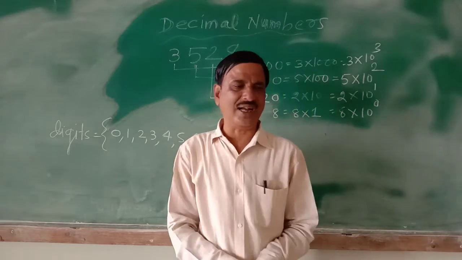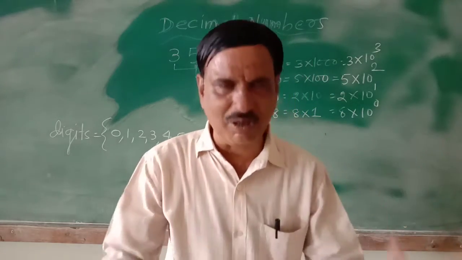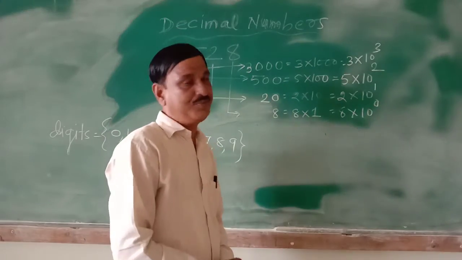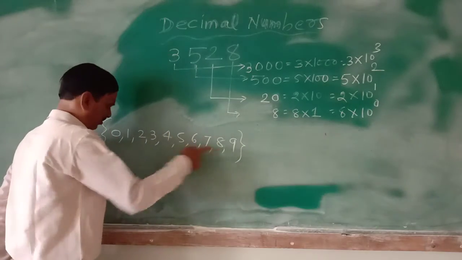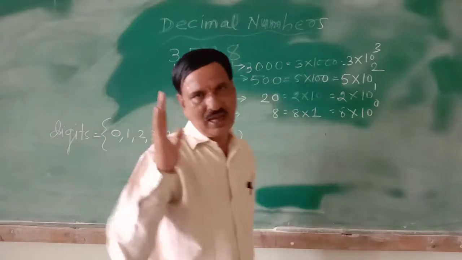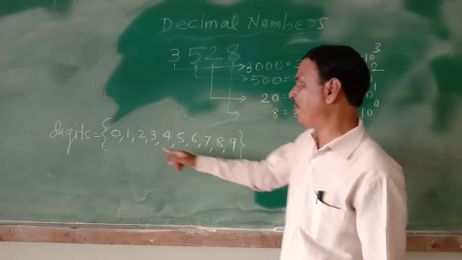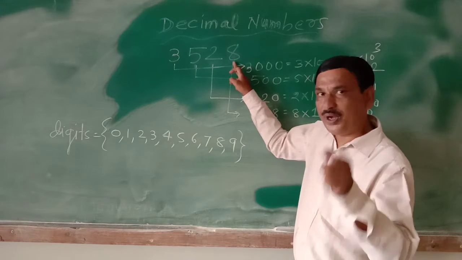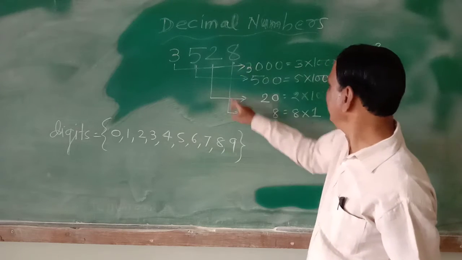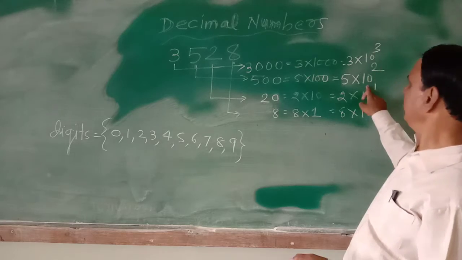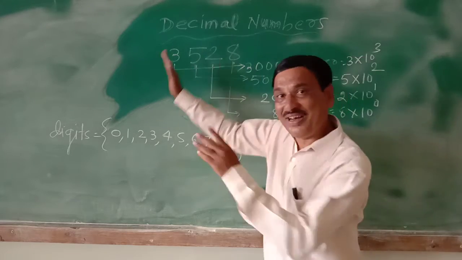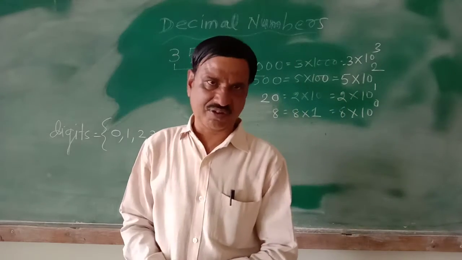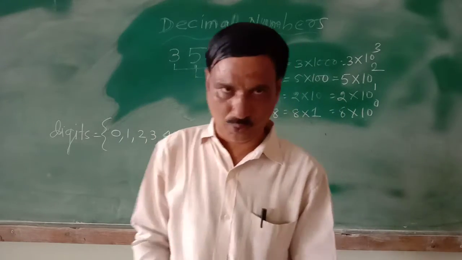Our conclusion is that decimal numbers are the numbers which are made up of decimal digits, and every digit has a power of 10, increasing from right to left. So this is the definition that we are going to see.